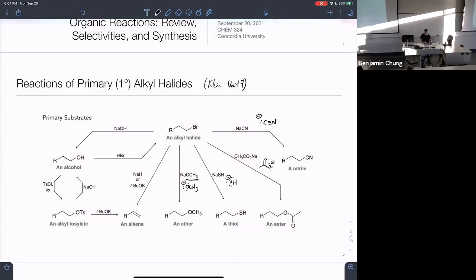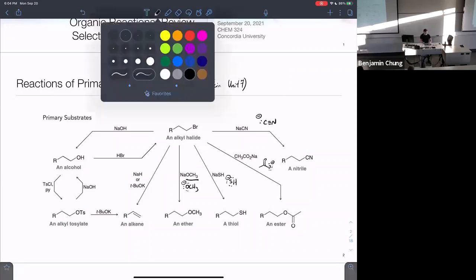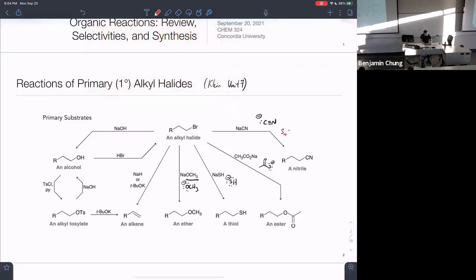Okay, so this is nucleophilic substitution, but you learned two different kinds of nucleophilic substitution reactions. So is this SN1 or SN2? Yes, I saw someone put up a 2. So yes, these are all SN2 reactions. The reason for that is because we are dealing with a primary alkyl halide, right?